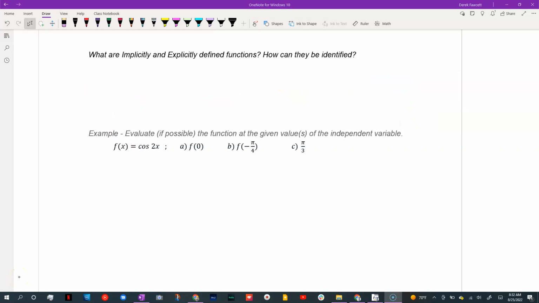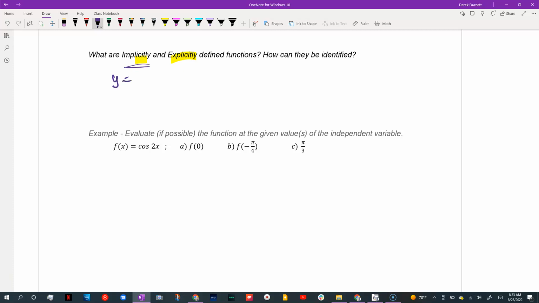Talk about these functions that are defined implicitly or explicitly. What are they and how can they be identified? Well, first of all, when a function is implicitly defined, that means x and y cannot be separated, right? A lot of times when you want to solve or even evaluate functions, you want to get x or y by itself so that it's y equals.